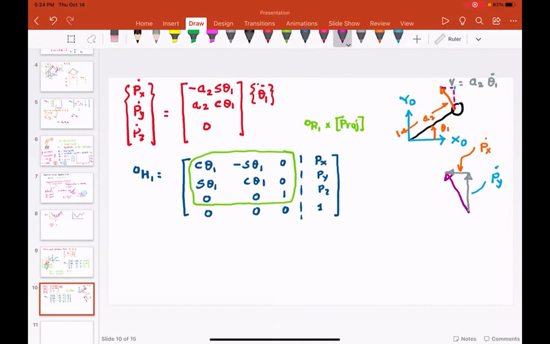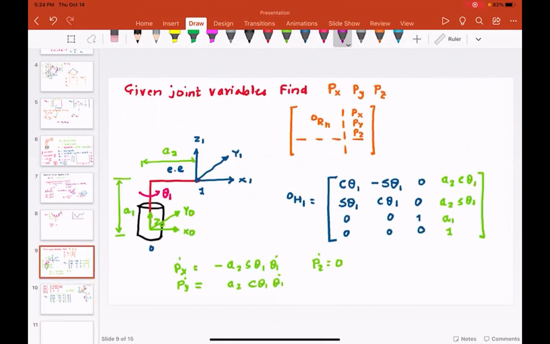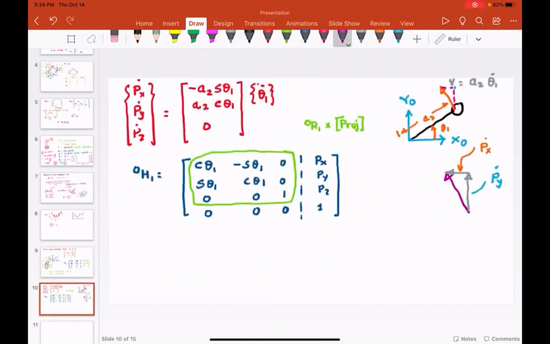Everybody understood this? Can you see that the 0th coordinate system, x0, y0, z0, is aligned with x1, y1, and z1? That's why your projection matrix is identity, 1, 1, 1 on the diagonals. So that's why you're going to get this rotation matrix.